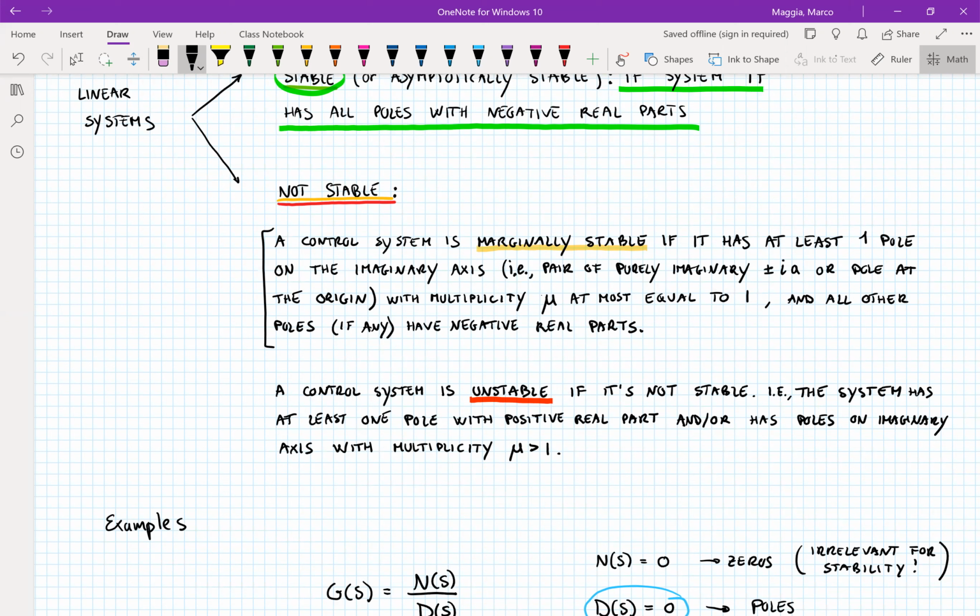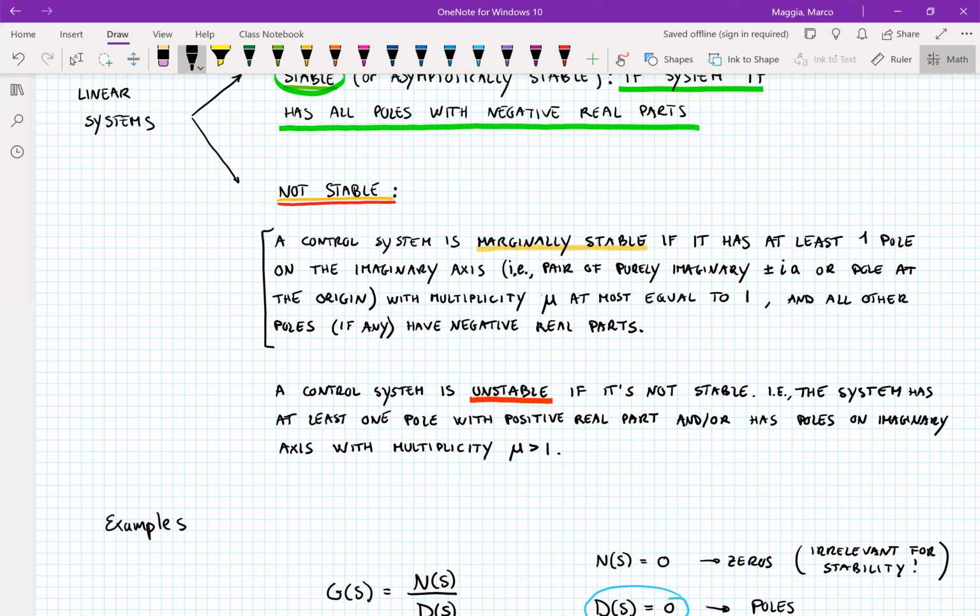We are allowing poles not just on the left-hand side of the S-plane, but they can also be on the imaginary axis, as long as their multiplicity is equal to 1. So we cannot have repeated poles on the imaginary axis. We can have repeated poles with negative real parts, that's fine, but we cannot have repeated poles on the imaginary axis. Otherwise, the system is not even marginally stable.